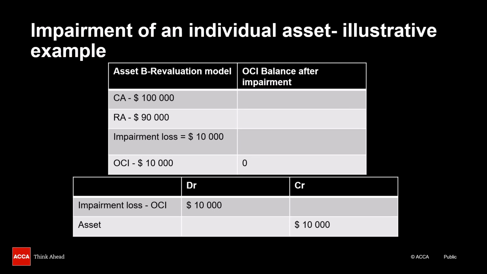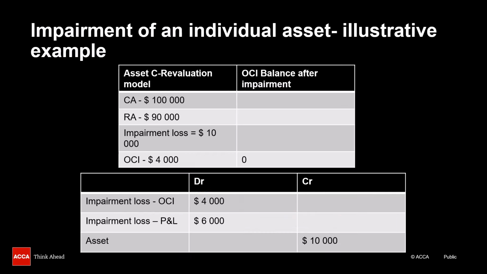Since the entire revaluation reserve equals the impairment loss, the entire $10,000 of the impairment loss will be recorded as a reduction of the revaluation reserve, bringing it to zero, and the value of the asset will be reduced by this impairment loss amount.